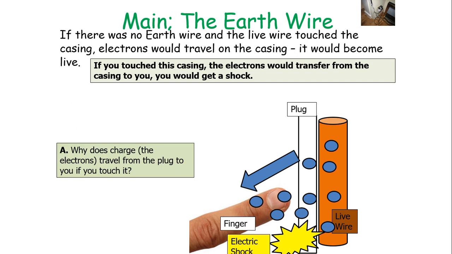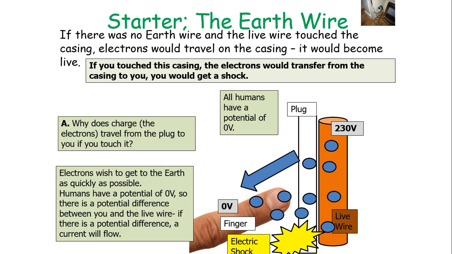Not ideal. Now, why does the charge, the electrons, travel from the plug to you if you touch it? This is a very, very important idea to understand, and it's because electrons wish to get to the earth as quickly as possible, and humans have a potential of 0 volts.